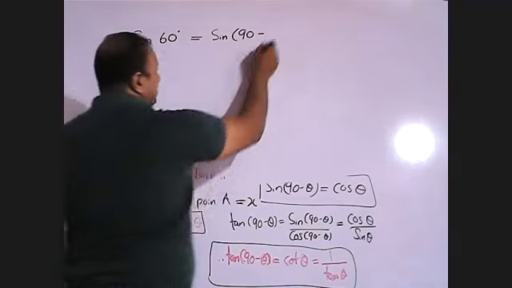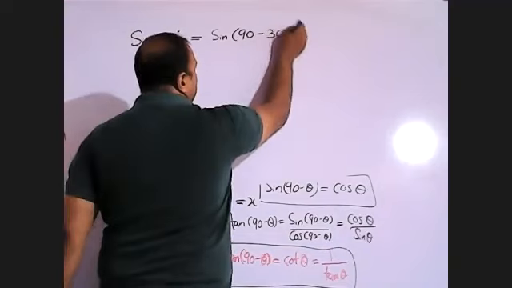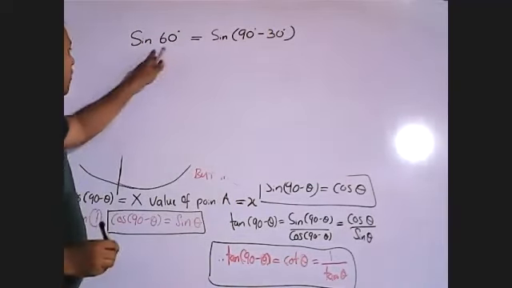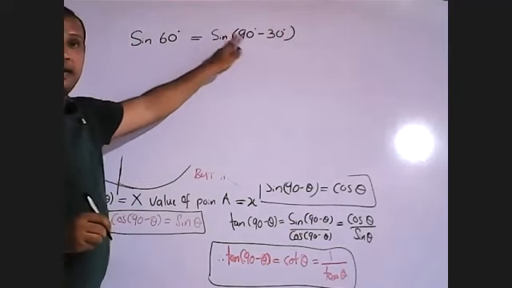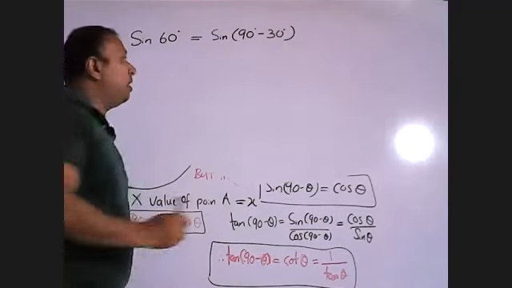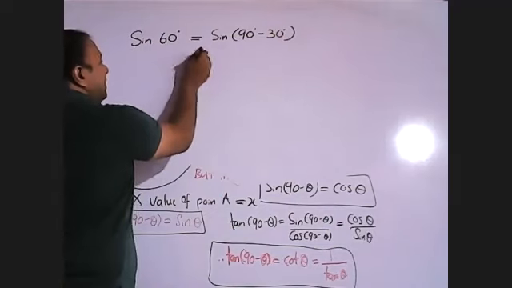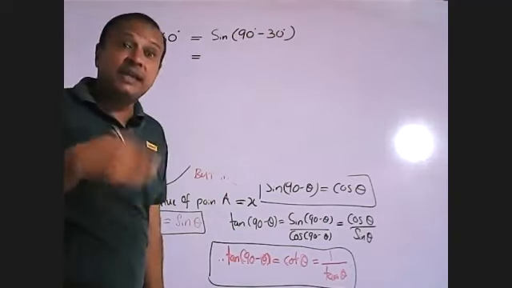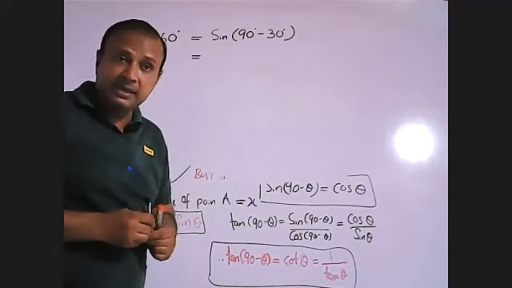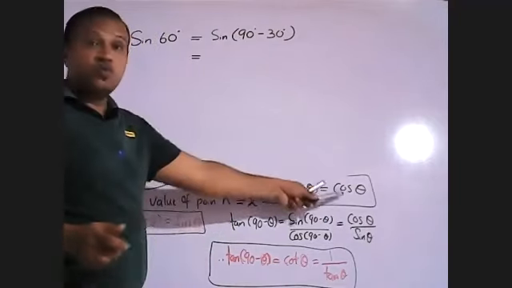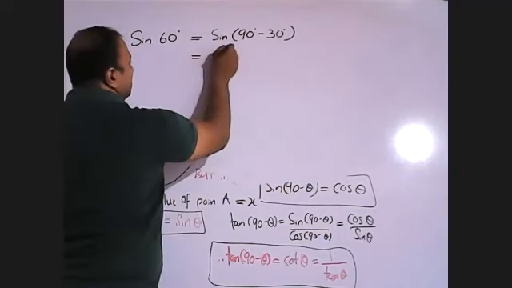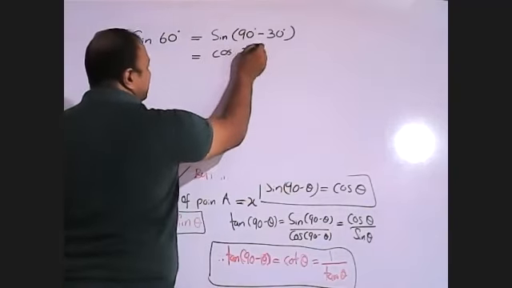Yes, 60 is equal to 90 minus 30. Therefore, sin 60 is equal to sin 90 minus 30, which is equal to cos 30.